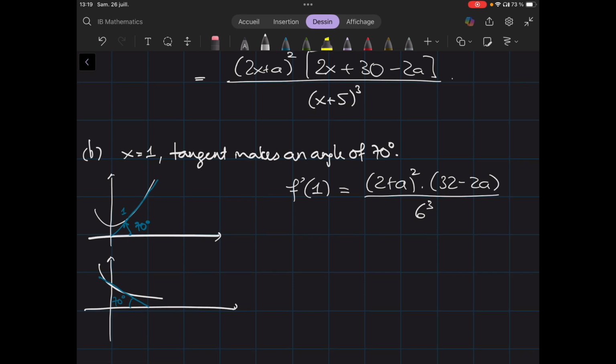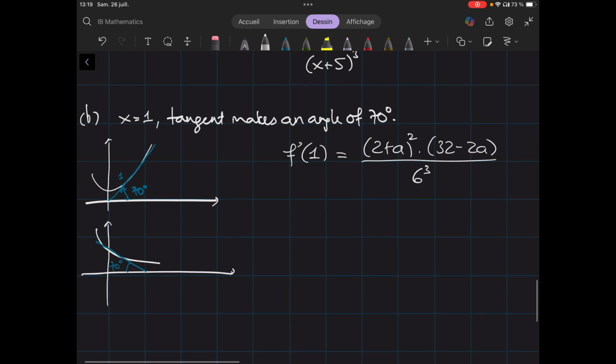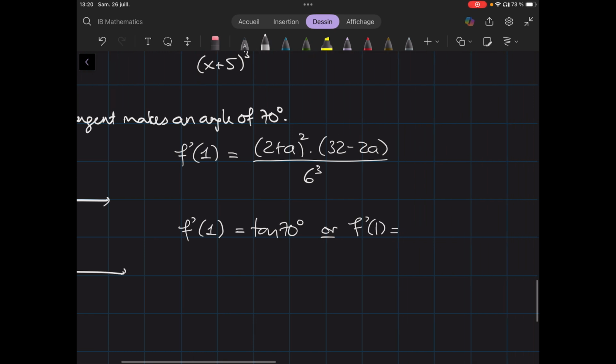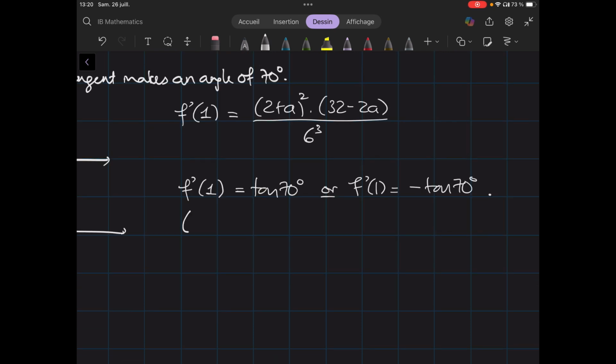We know that it makes an angle of 70 degrees. That means that f prime of 1 has to be equal to tan of 70 degrees, or f prime of 1 is equal to negative tan of 70 degrees. So tan of 70 is equal to 2.7474.